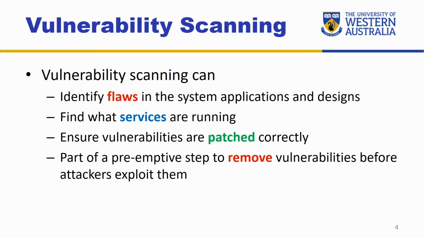Vulnerability scanning essentially identifies those flaws in a systematic way. It also finds details about where those vulnerabilities are located, such as the different services that are running which have those vulnerabilities. And it can also check that those vulnerabilities, if patched or removed, were dealt with correctly.